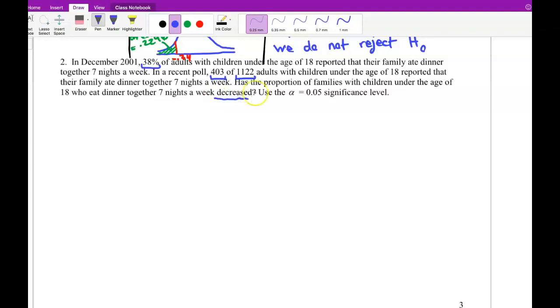We're going to use alpha equal to 0.05, 5%, and so that is our significance level. So it's asking if that one is decreasing. So first we should check all those 3 requirements.